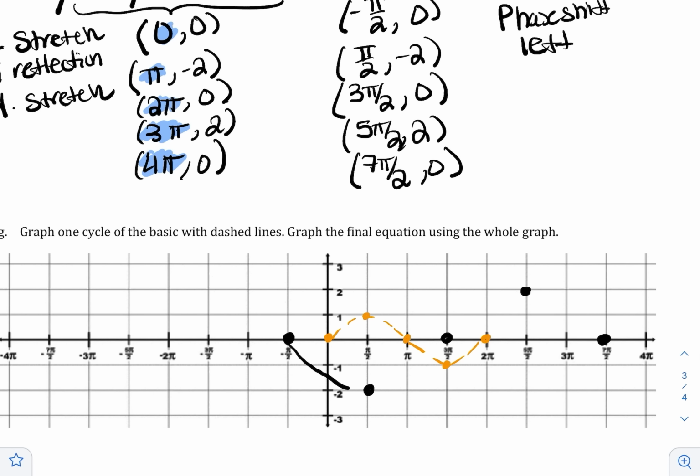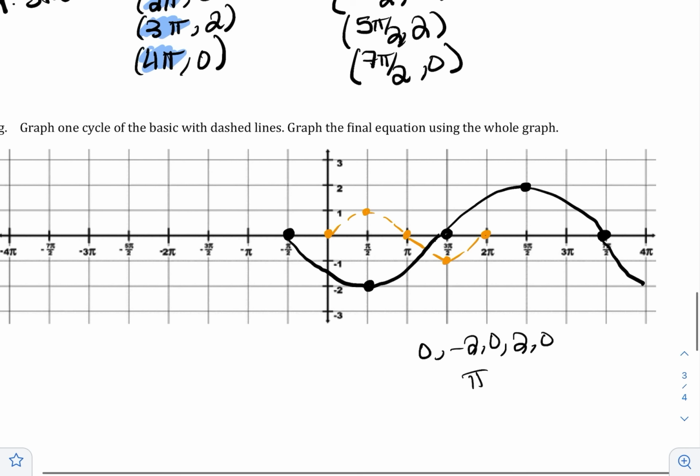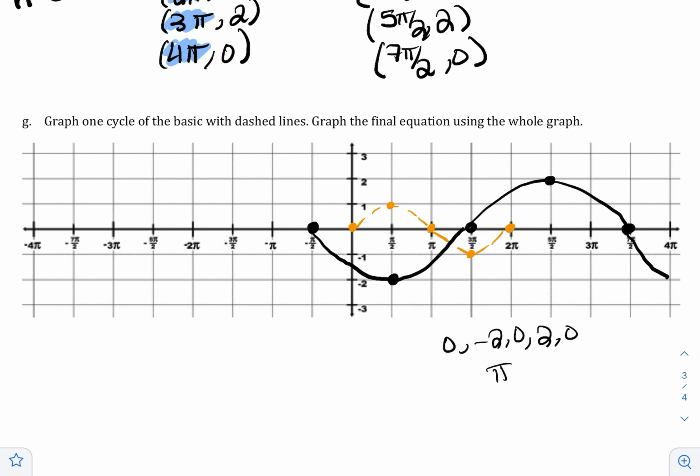And here's my nice roller coaster. So the pattern is 0, negative 2, 0, 2, 0. Here I really don't have the space to go to the next point because I need to skip 2. They're all a distance of pi away from each other. When I have room to go backwards though, every point here takes 2 little squares to get to the next point.